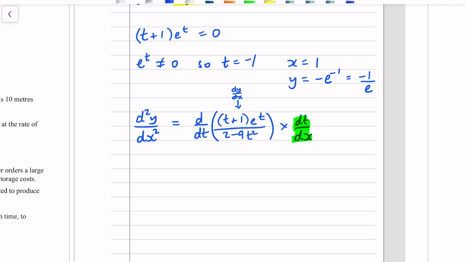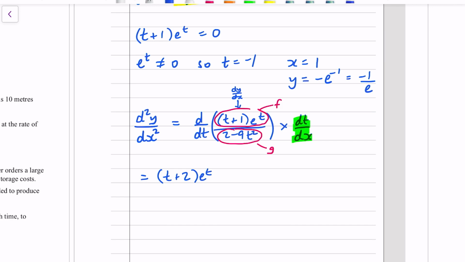Okay, so differentiating that first thing, we need the quotient rule. If you want to follow along, make this whole top thing here f and this bottom thing g. Then the quotient rule tells us f dash g, so we need to differentiate t plus 1 e to the t. That's the product rule in there. t plus 1 e to the t differentiates to t plus 2 e to the t.